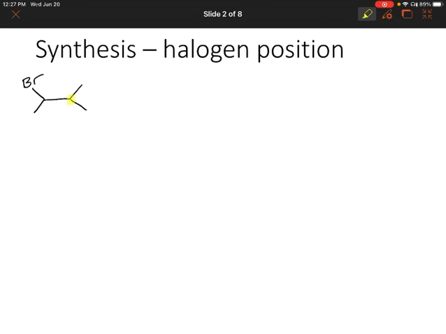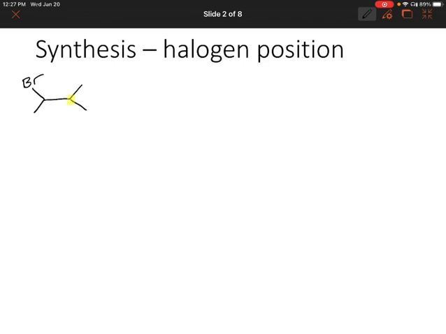How do we do that? Well, by now you might have noticed that in order to change the position of a functional group, you often have to perform elimination, then addition, then elimination, then addition. So you kind of go back and forth between those two until you get to the right product.